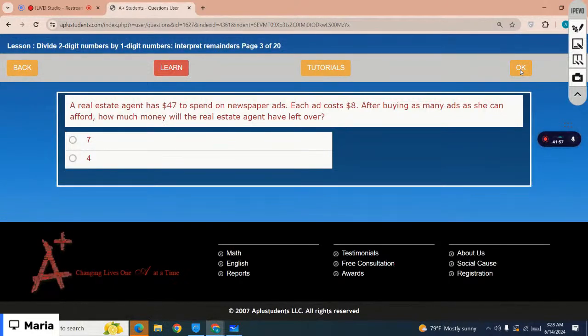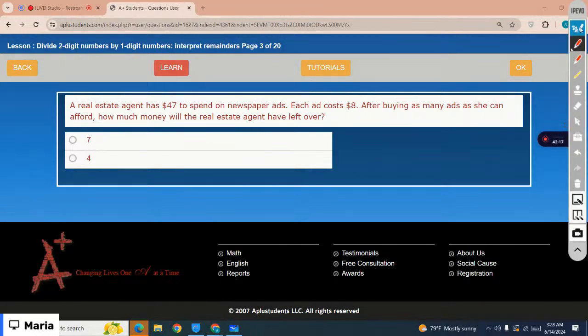A real estate agent has $47 to spend on newspaper ads. Each ad costs $8. After buying as many ads as she can afford, how much money will the real estate agent have left over? So which is the correct option? You have to divide 47 by 8. 8 times what number is 47? 8 times 5 is 40.